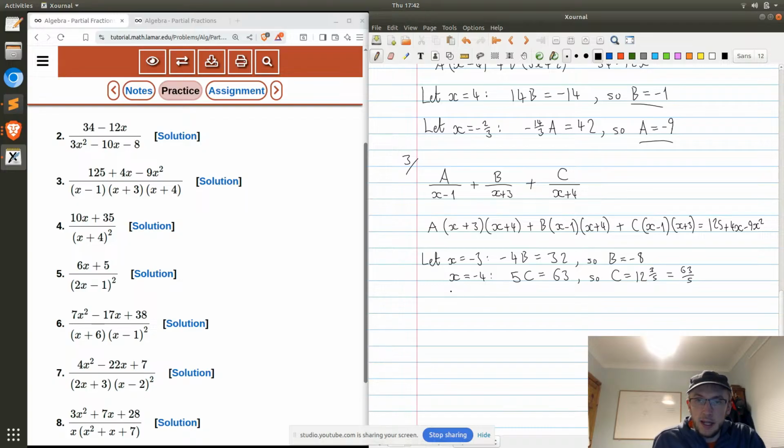And then finally let x equal 1. Just simply 1. In that case, the second and third terms vanish. And the first term becomes 4 times 5 times a, which is 20a.